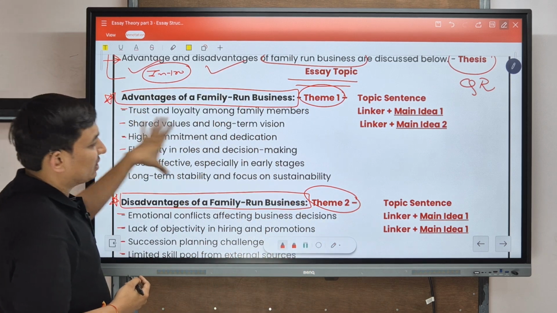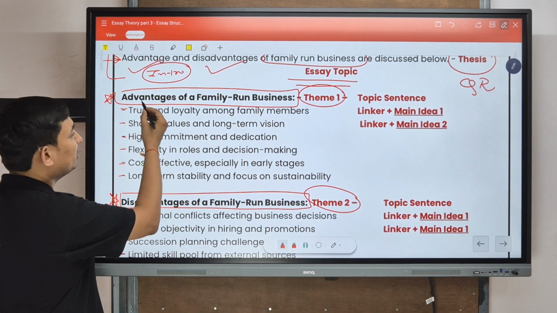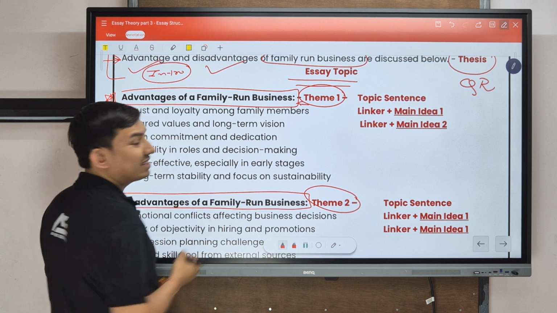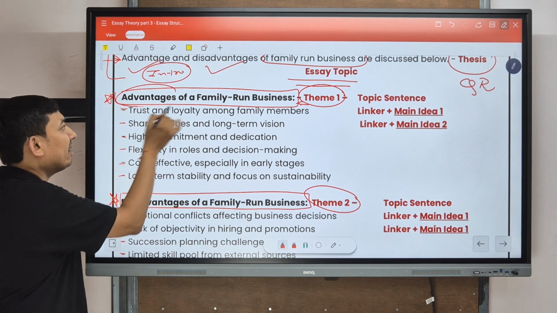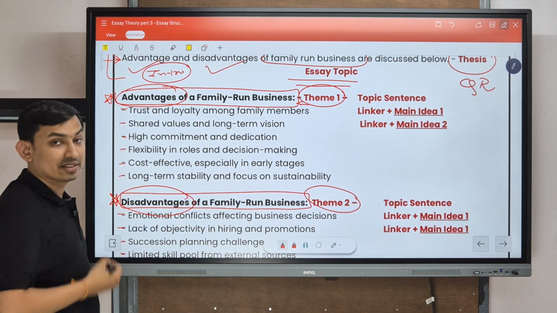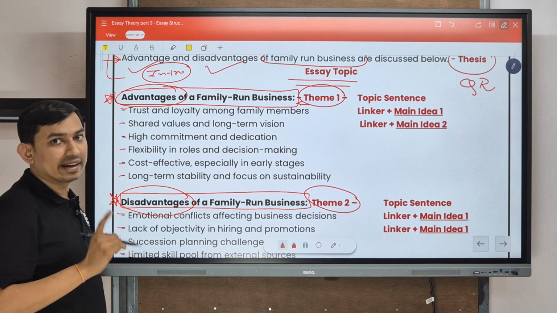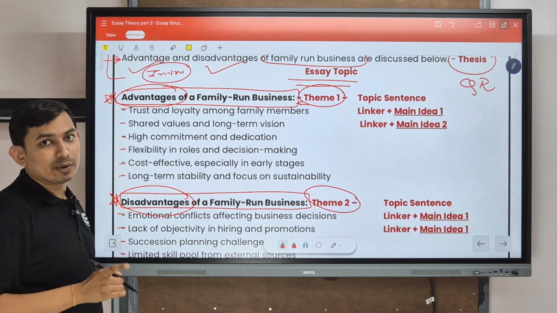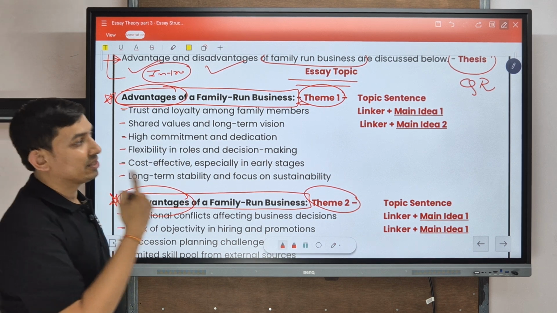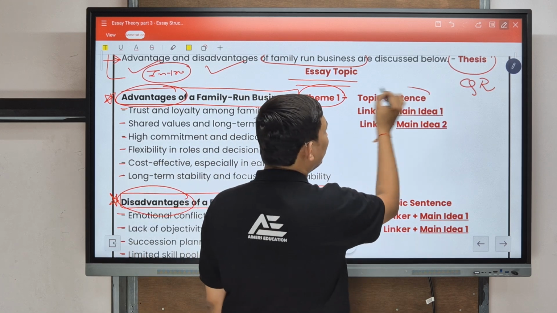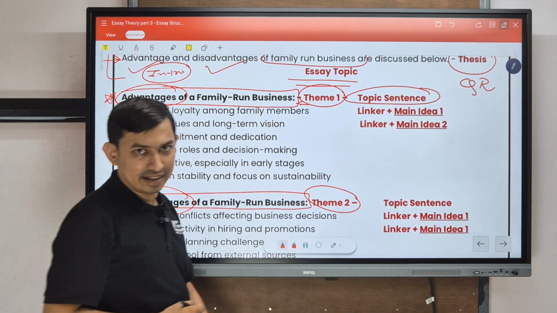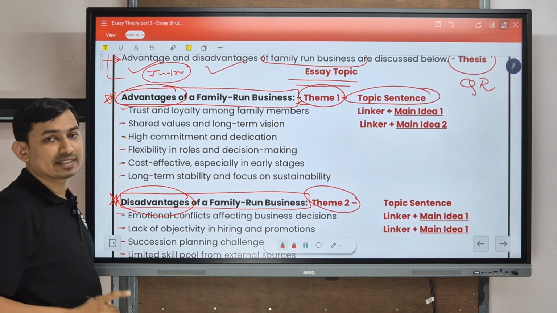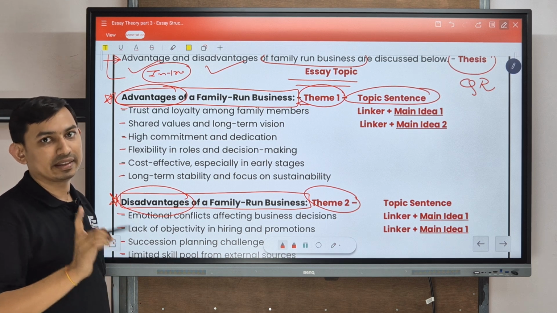So here, this is our first theme. Now what does this heading show? That this is advantages and this is disadvantages. So our subheading represents the theme. So we have to represent our theme. In formal essay writing, we do it with the help of a topic sentence. It is called a topic sentence, the sentence which represents the theme.